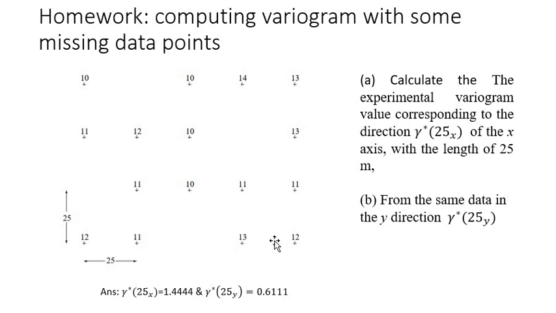For x, you only consider the ones with a difference of 25 horizontally, and then the same thing for the y-axis: you only consider this one with a difference of 25, this one, this one, this one, and this one. Not this one, because there is a missing value and the difference is then more than 25.